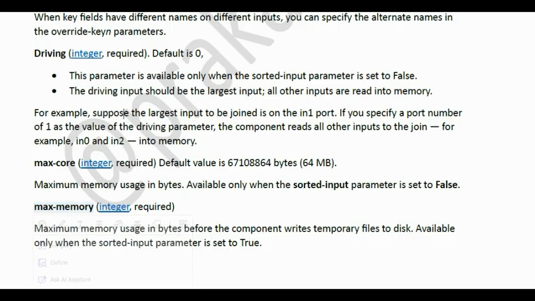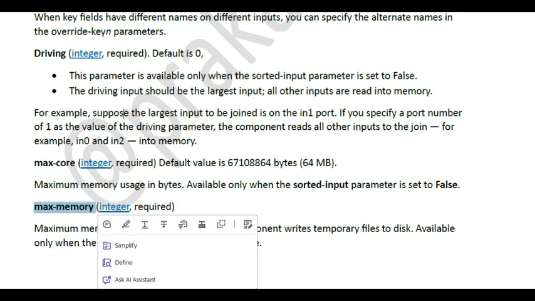Okay. So the question will be raised: why do you require max core and max memory? Max core or max memory is required by the component to specify how much memory is required to process my input flow.